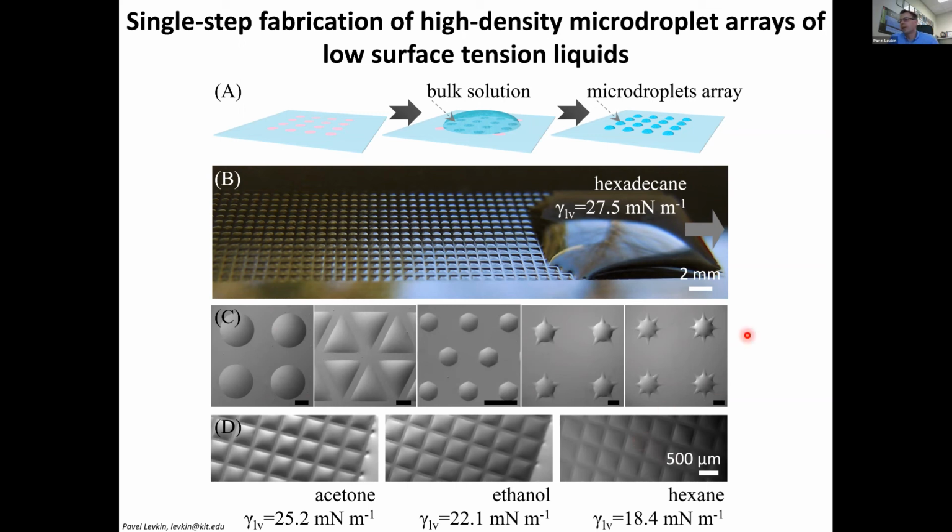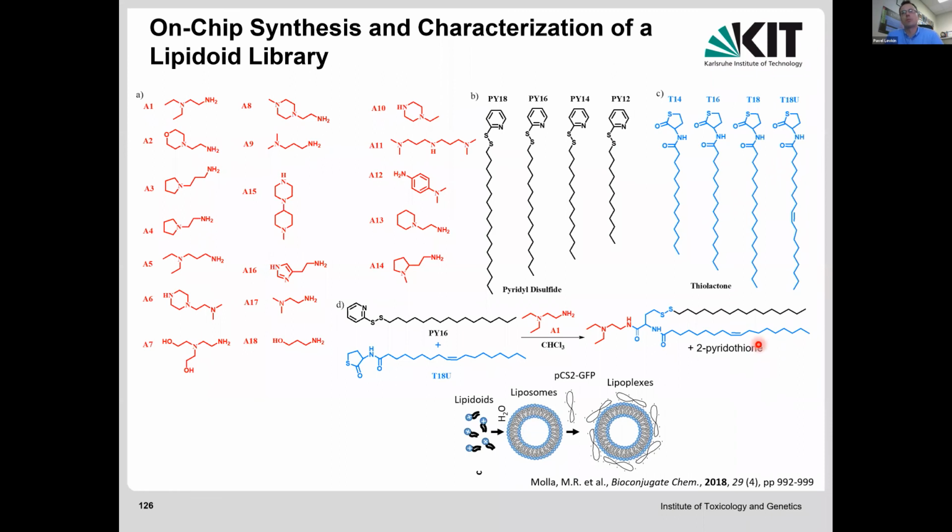And we designed a relatively simple combinatorial chemistry method to synthesize such molecules using amines, thiolactone, and pyridyl disulfide, which is a three-component reaction that leads to a lipid-like molecule with hydrophobic tails, a linker, and a hydrophilic, positively charged head group.